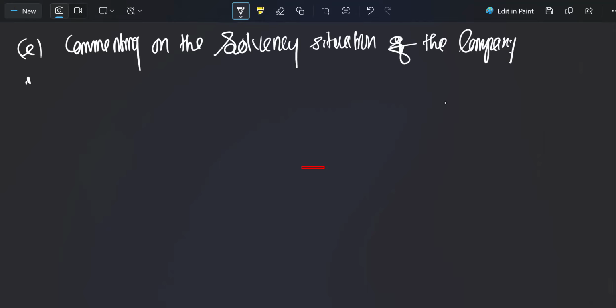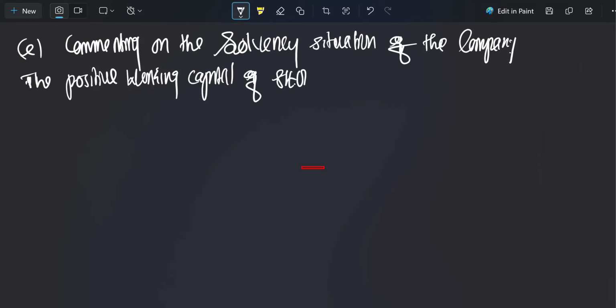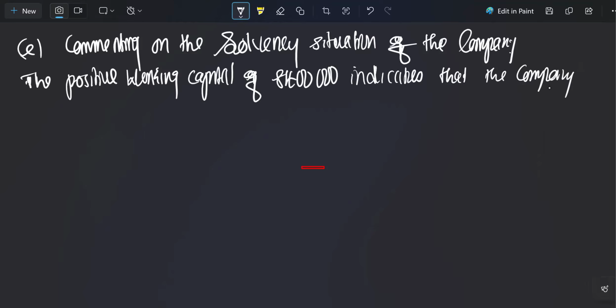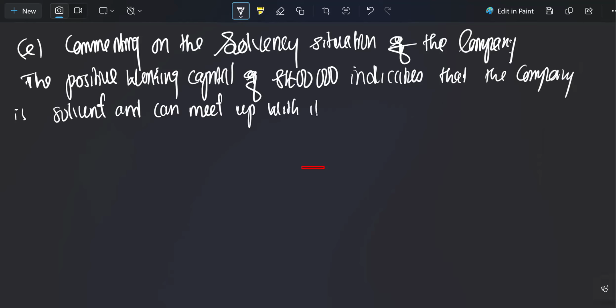We can say the positive working capital of 8,400,000 francs indicates that the company is solvent and can meet up with its short-term obligations.